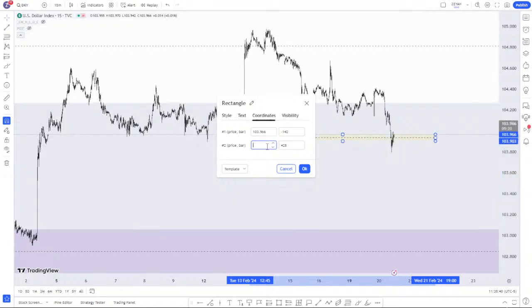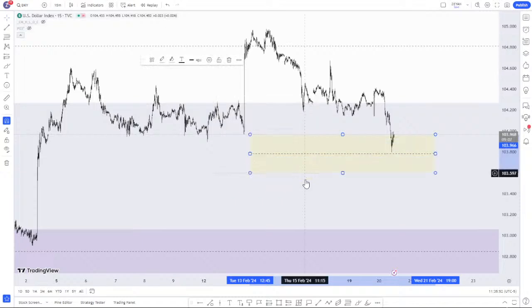The next would be 103.600, and the 50% of this was the post.